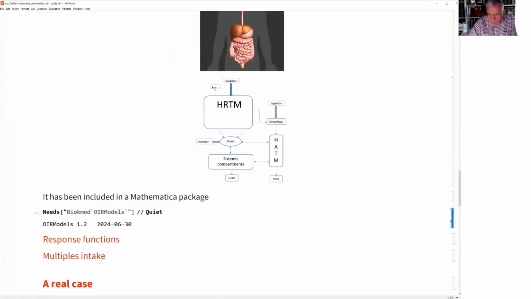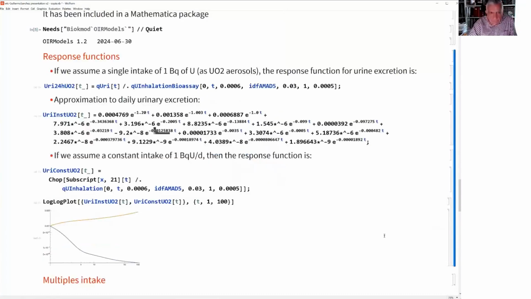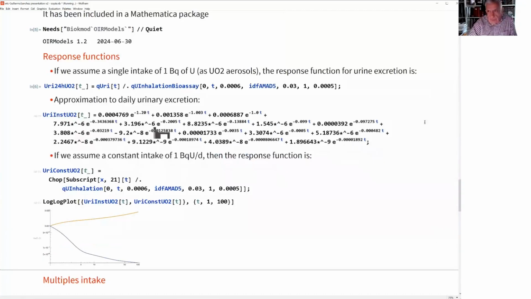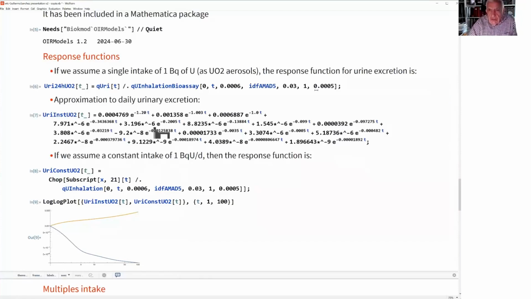Now we load the package, and here are the solutions I explained. This is the urine excretion every day for a 1 becquerel intake on day t equals 1. This is the expression. This means that t is the natural day.